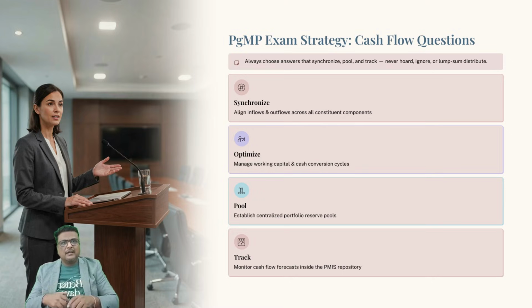Never holding isolated cash reserves, ignoring cash gaps, or distributing uncoordinated lump sum budgets. Think of it like an experienced enterprise chief financial officer who synchronizes corporate revenue cycles, optimizes vendor payment terms, pools cash reserves centrally, and monitors real-time liquidity on executive dashboards.